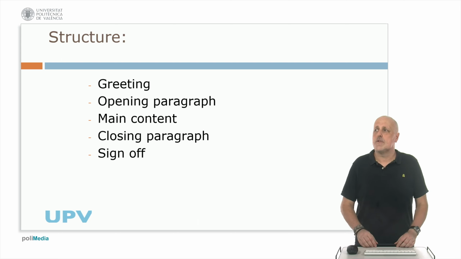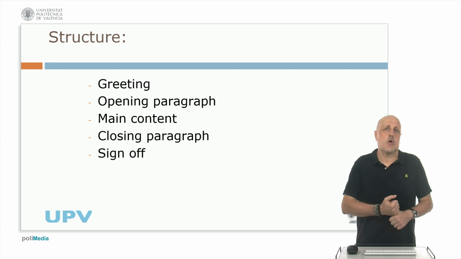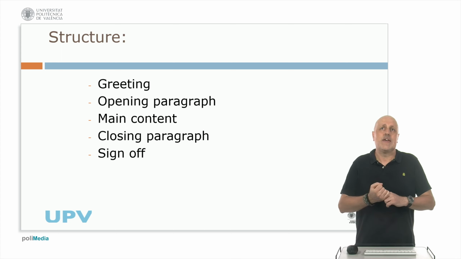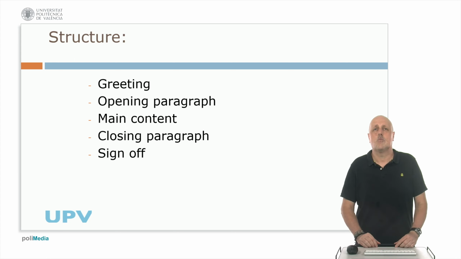The opening paragraph, you should go straight into it. Why are you writing? If it's a job application, you should say where you saw the job advertisement, when you saw it, and the fact that you are interested in the job. What I mean by that is, in the opening paragraph, you must begin directly by saying why you are writing.